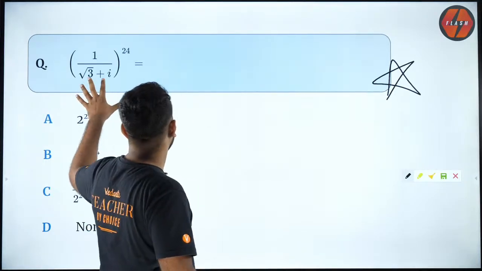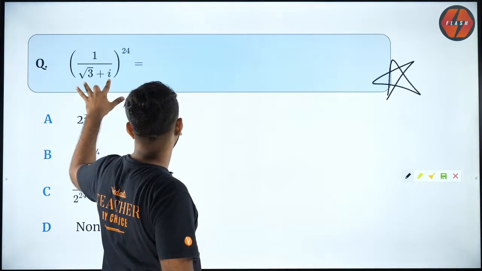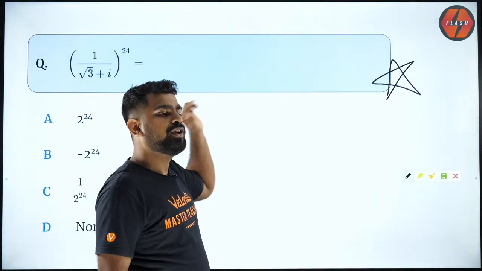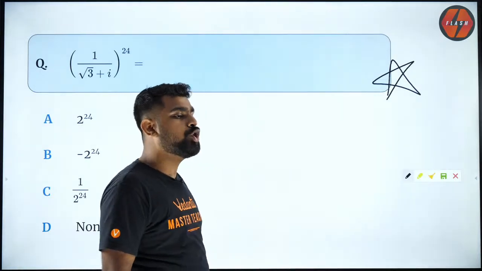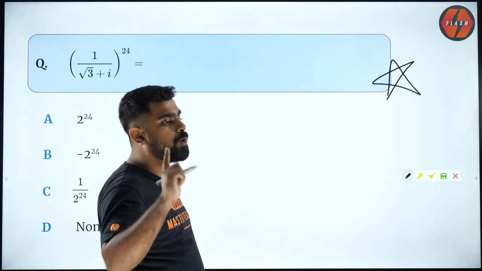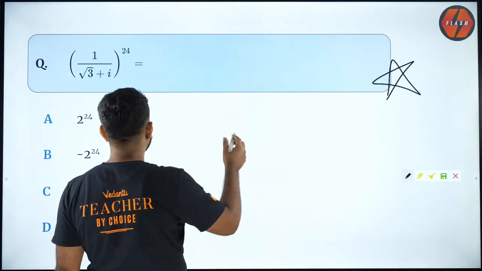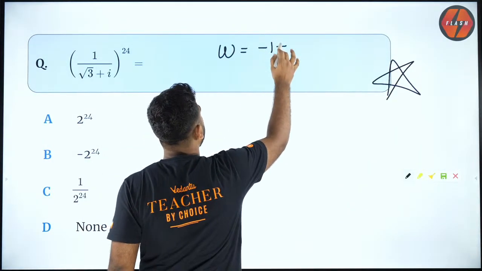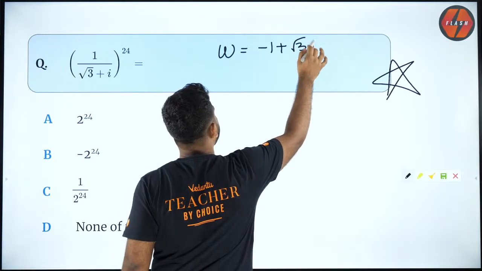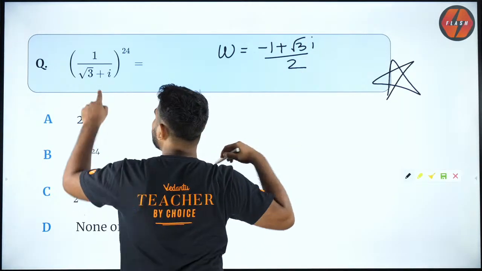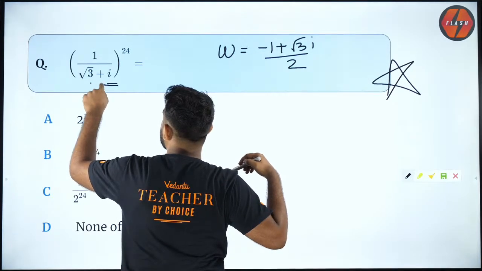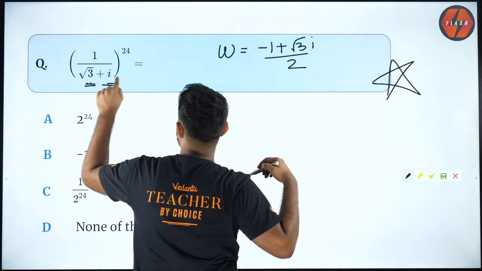First of all, do you think this comes in omega? No, Madhavi, it is not omega cube. That is what I told you. Don't do that. Because omega is -1 plus root 3 i by 2, but here root 3 does not have i, and i is outside. So that is a problem.